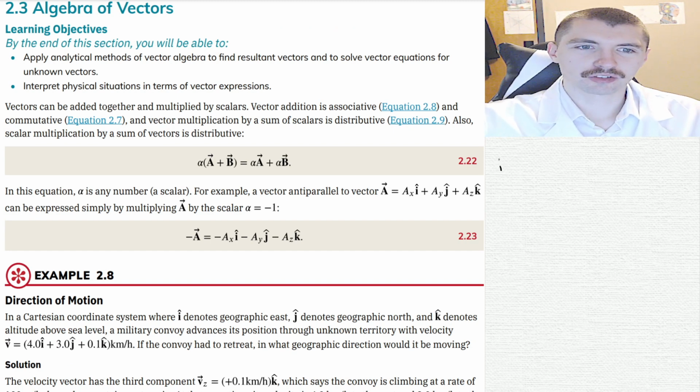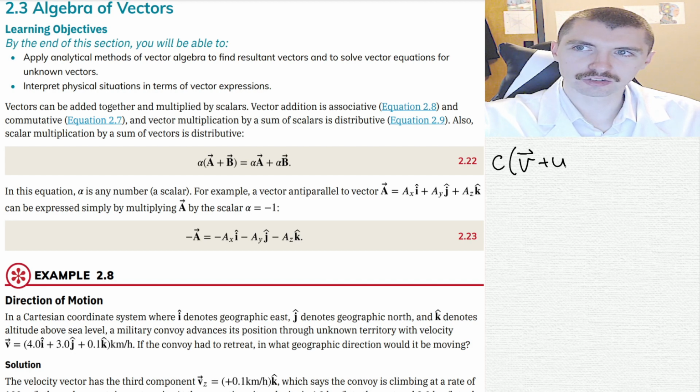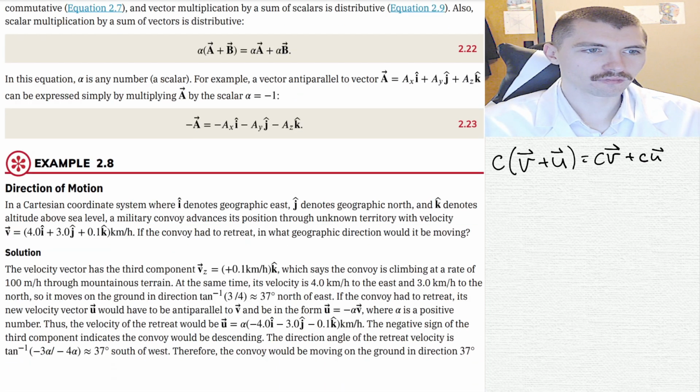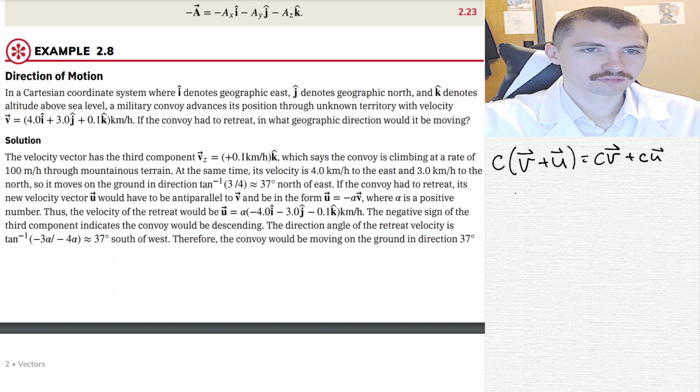So saying basically if you have a constant c times b plus u, then that's equal to cv plus cu. I is east, J is north, K is altitude.